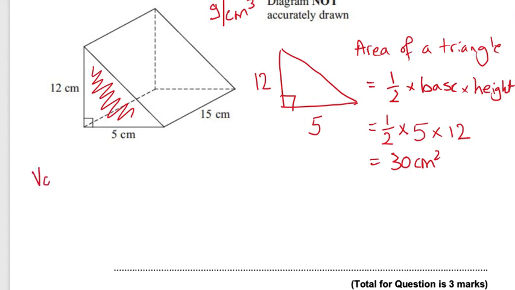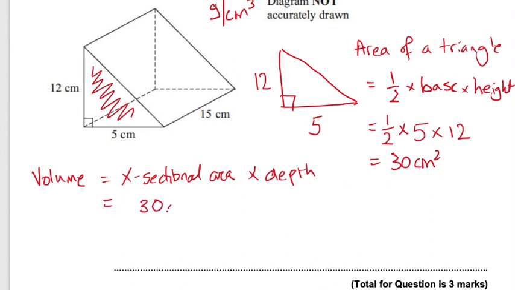Volume equals cross-sectional area multiplied by depth. Now the cross-sectional area is basically the area at the end, the area that's the same all the way through the prism, if you chopped it like a stick of rock. So the cross-sectional area is what we've worked out here, which is our 30 centimetres squared.